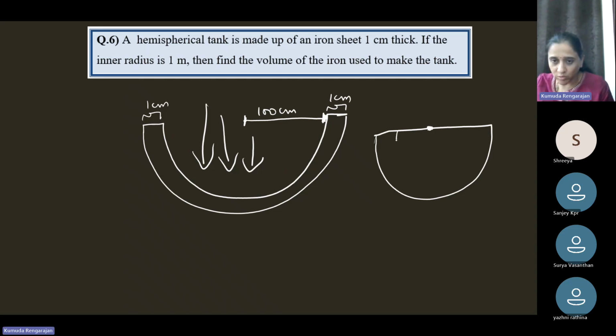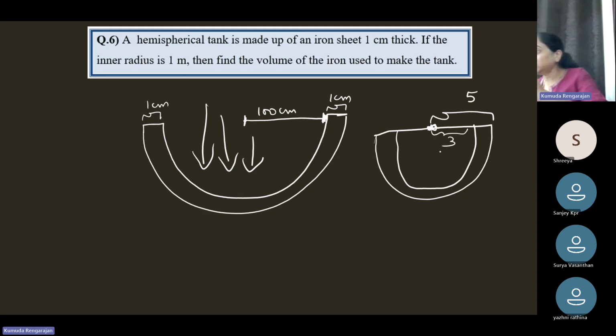You scoop out a hemisphere like this. That hemisphere also has the same center, but a smaller radius. Supposing the radius of the solid hemisphere you already have, that half a cork ball, is 5.